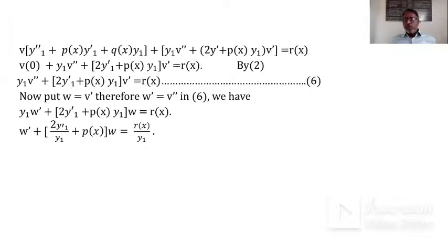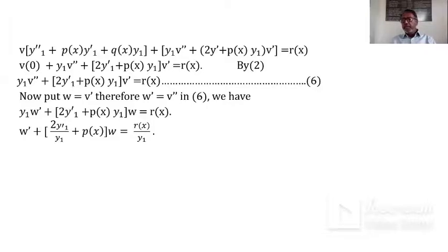Now, we substitute in this relation w as v dash. Therefore, this relation now becomes the first order, first degree differential equation in v and x. And after solving this first order, first degree differential equation, we obtain the relation between v and x. Therefore, now after obtaining the relation between v and x, we substitute in this relation v as y upon y1.